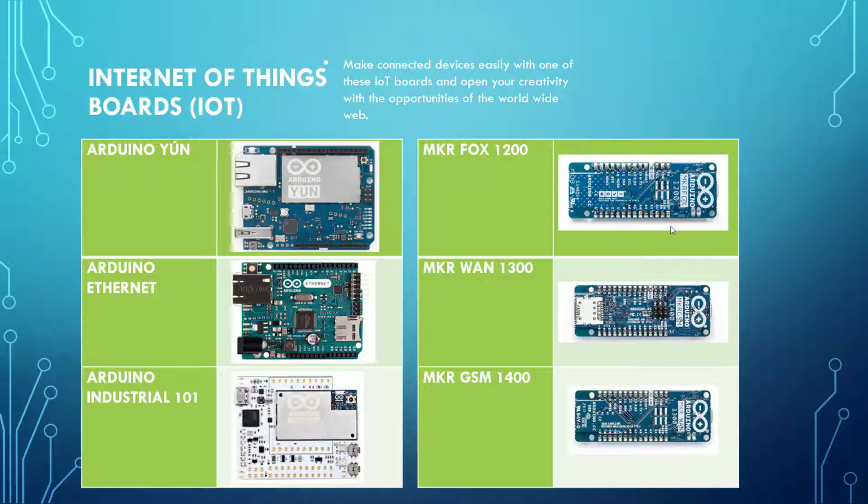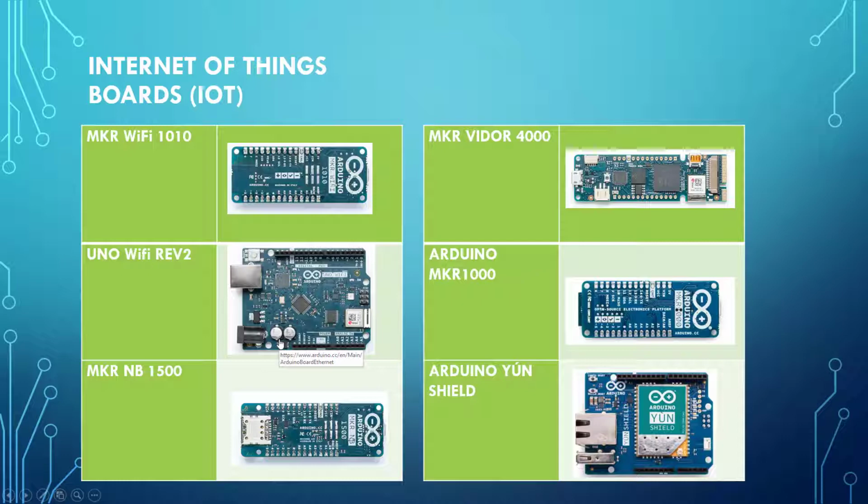Arduino Ethernet, same as that. Arduino Industrial 101, Arduino Fox 1200, 1300, and MKR GSM 1400. The Arduino 1300 can be connected to a SIM card. You can connect a SIM card, and with a SIM card you can connect to the internet.